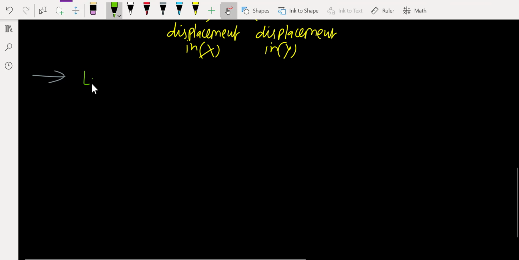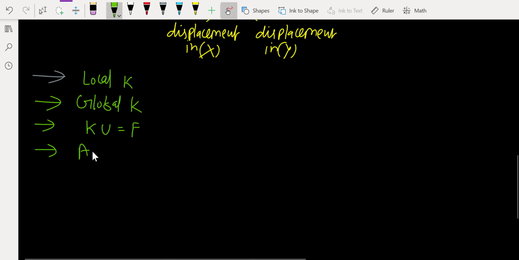You find out the local stiffness matrix, local K, and then you have to assemble into global K. Once you have global K, then you formulate the equation Ku = F, then apply boundary conditions, and then solve the equation.